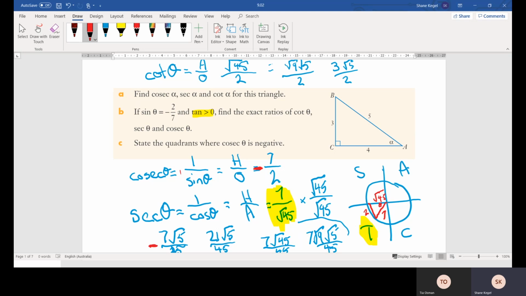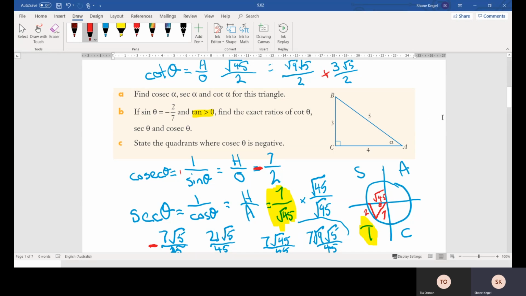So my final answer should have been negative 7 root 5 on 15. And my cot ratio is my inverse tan, which means it's positive where tan is. So I can leave this fraction here as a positive result. So that's one thing to obviously remember, is make sure you put on whether your fractions are positive or negative.